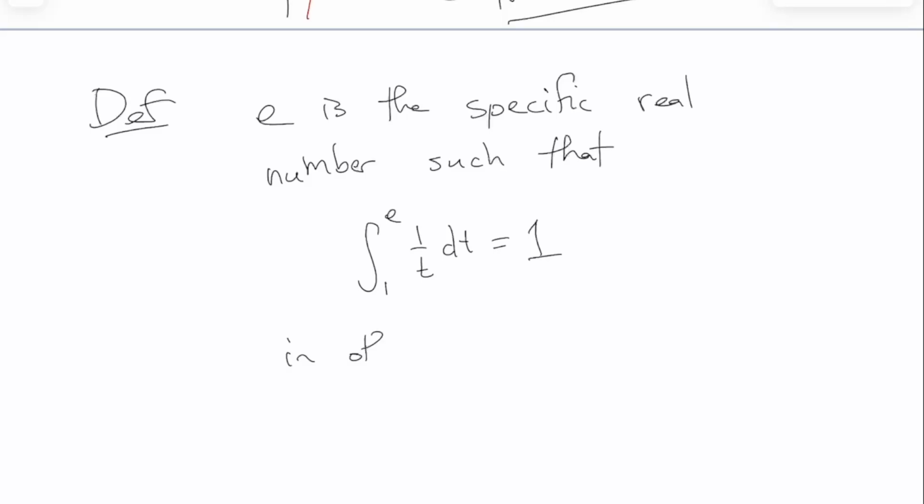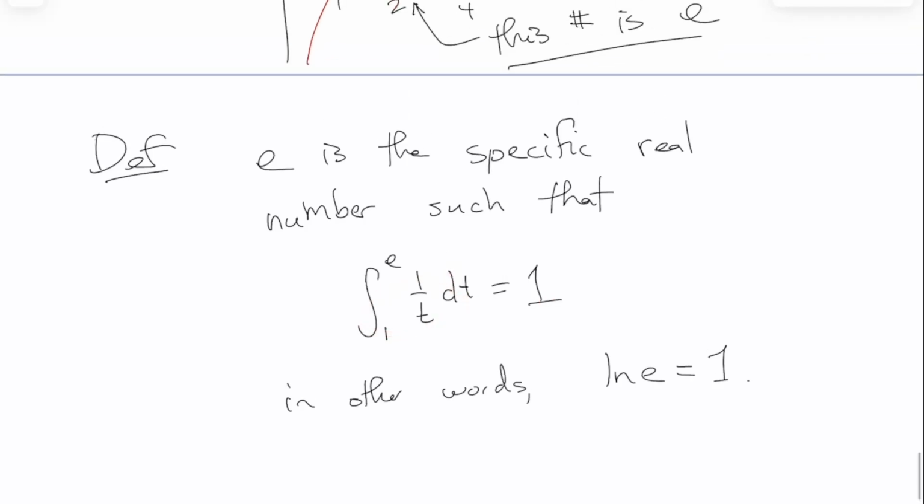In other words, ln of e equals 1. Right? It's the specific number which makes this area equal to 1. This is a much better definition of the number e, better from an abstract point of view than defining e to be the limit of 1 plus 1 over x to the power x, which is a lot harder to work with.